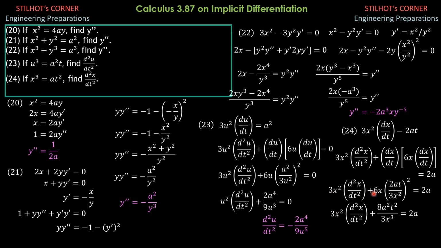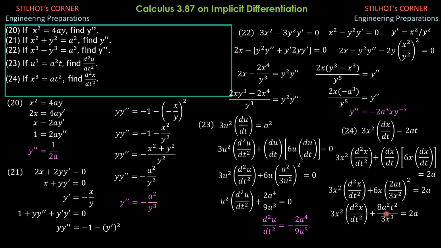That's why this becomes, we multiply 6 by a squared t squared over 9x to the fourth supposedly, but we cancelled x, so that's why we have x cubed. And 24 over 9 can be reduced to 8/3.